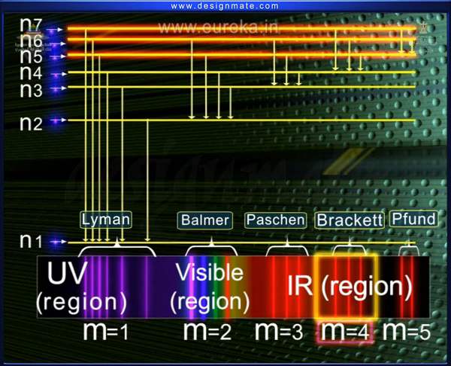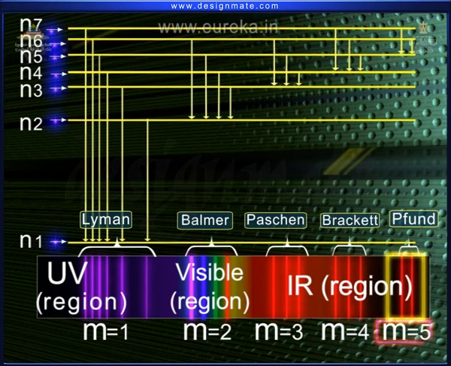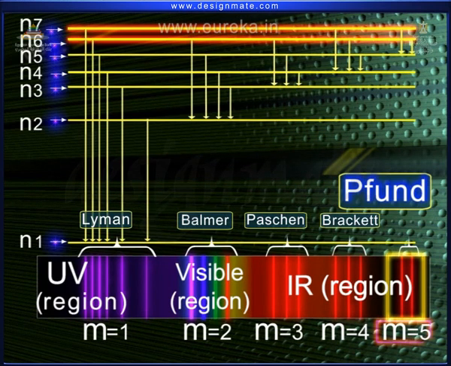The name of the series is Brackett, and the spectral region is infrared. Series term M is equal to 5. The line term N is equal to 6, 7, and so on. The name of the series is Pfund, and the spectral region is infrared.